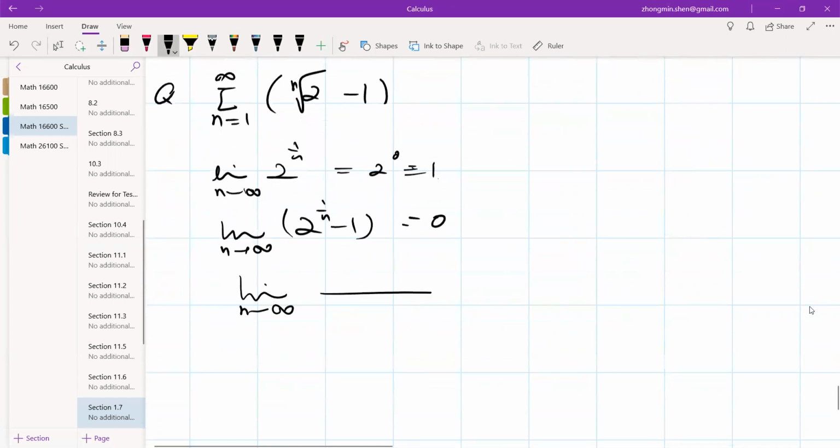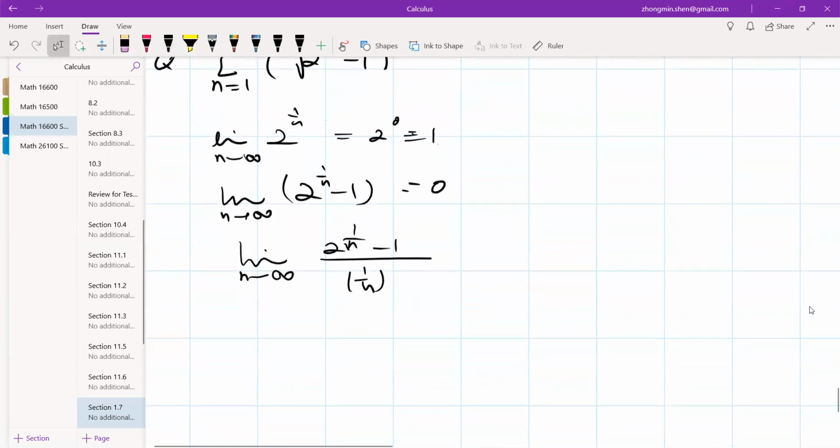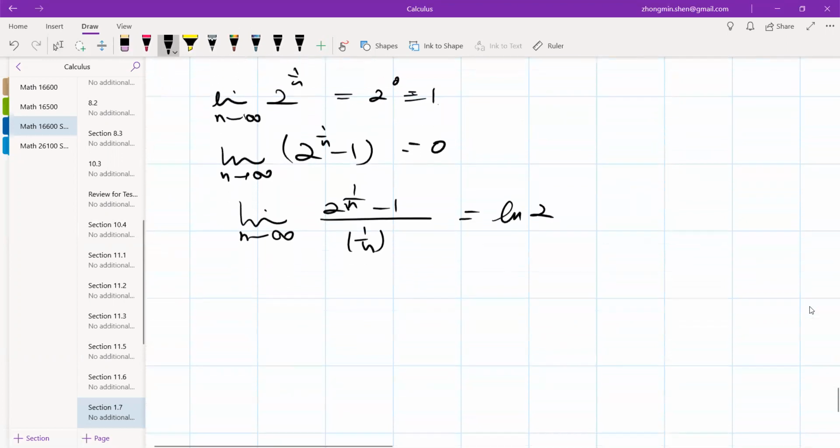Try this ratio. Is the limit going to be 0 or not? In order to prove that, I claim it's going to be the natural log of 2. Why? Look at this limit.